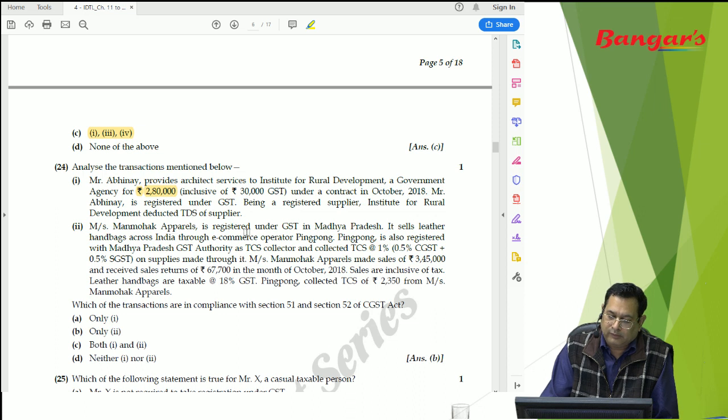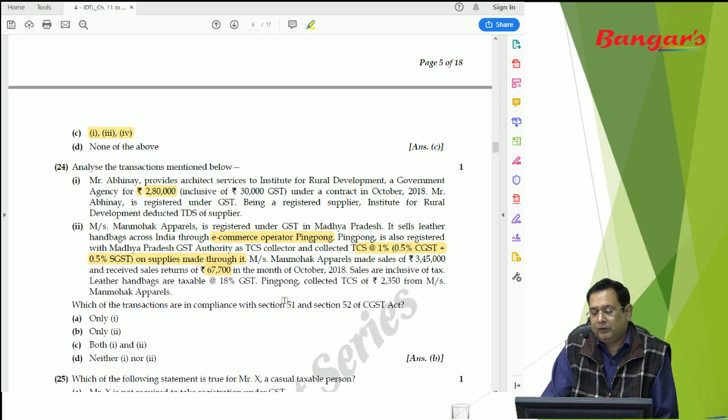Now, Manmohak Apparels is registered under GST in Madhya Pradesh and sells leather handbags across India through e-commerce operator Ping Pong, who is also registered in MP as a TCS collector and collected TCS at the rate of 1% on supplies made through it. Manmohak Apparels made sales of 3,45,000 and received sales returns of 67,700.